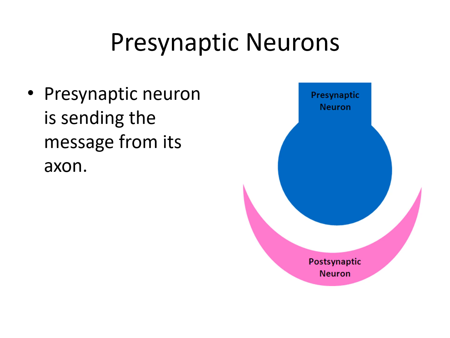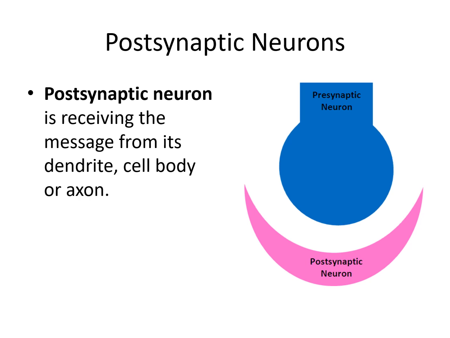The presynaptic neuron is sending the message from its axon, forming a synapse here, and sending its message to the postsynaptic neuron. Likewise, the postsynaptic neuron, which is pink, is receiving the message from the presynaptic neuron through its dendrite, cell body, or axon. So presynaptic neurons are sending the message, postsynaptic neurons are receiving the message.